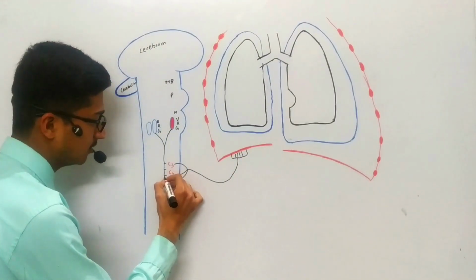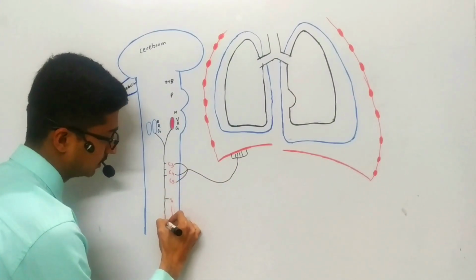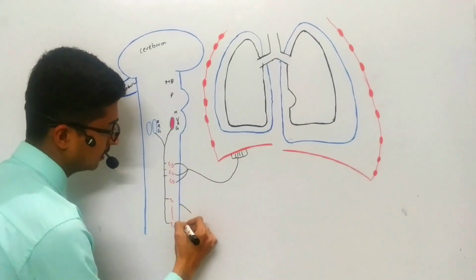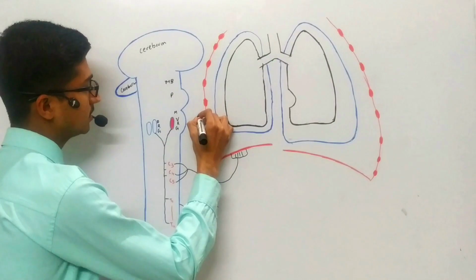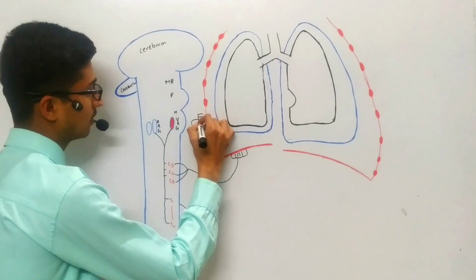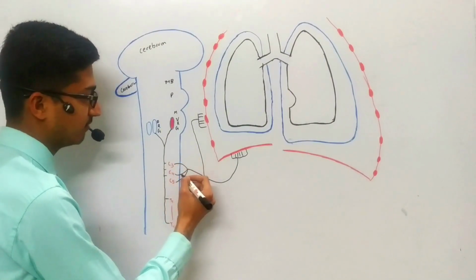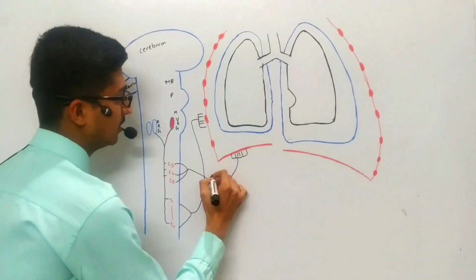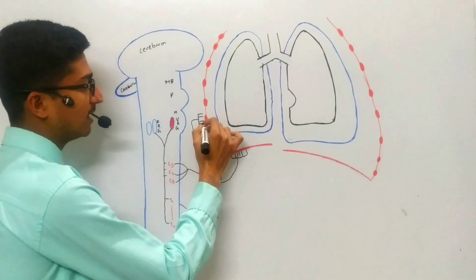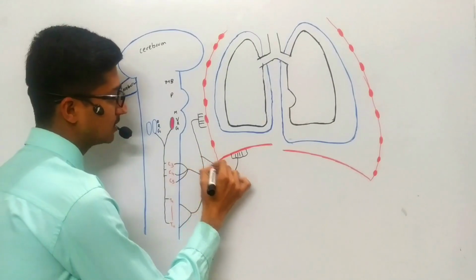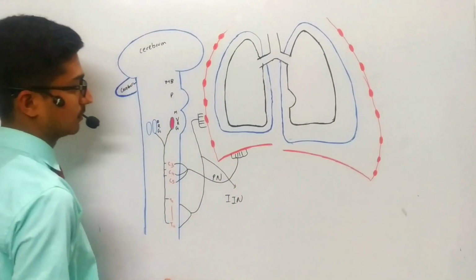Furthermore, they also activate T1 to T11. All these combine and stimulate our external intercostal muscles. You might know that C3, C4, C5 which supply the diaphragm is famously known as the phrenic nerve, and the nerve which supplies the external intercostal muscle is the intercostal nerve.